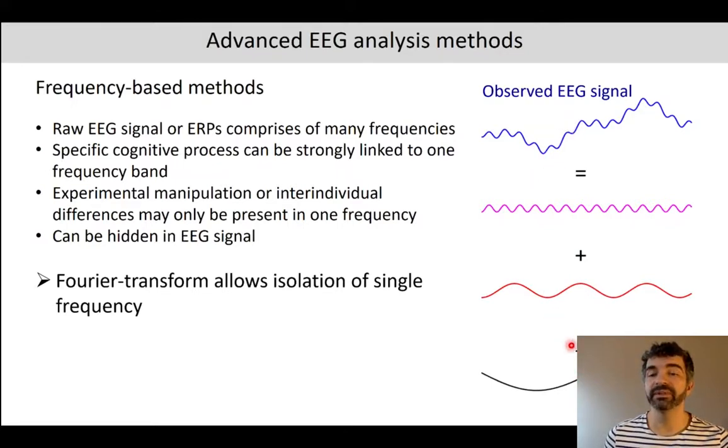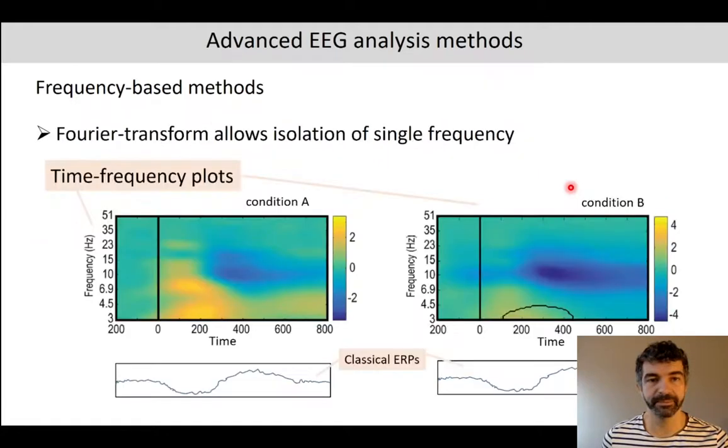But by decomposing it, you could identify the EEG signal in that frequency and how it responds to the experimental manipulation. And this is a way to look at time frequency plots. Time frequency plots are one way to look at such experimental differences in specific frequency bands.